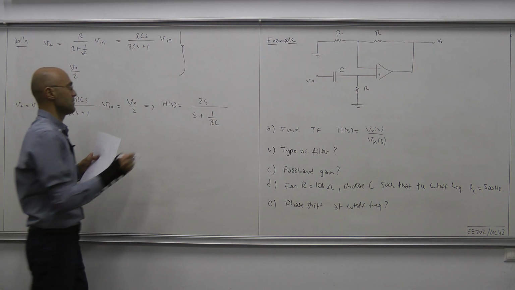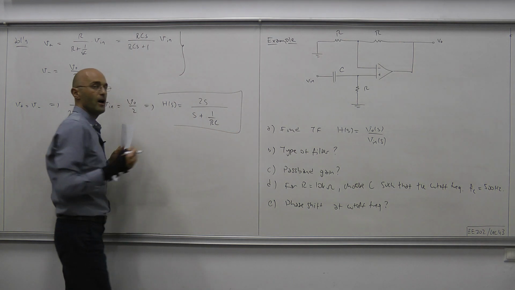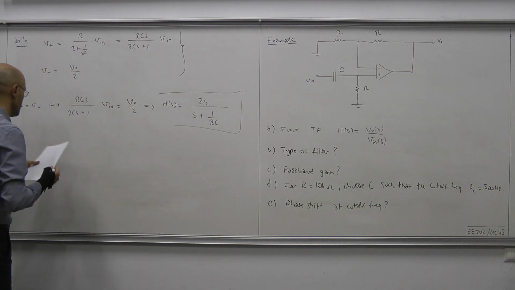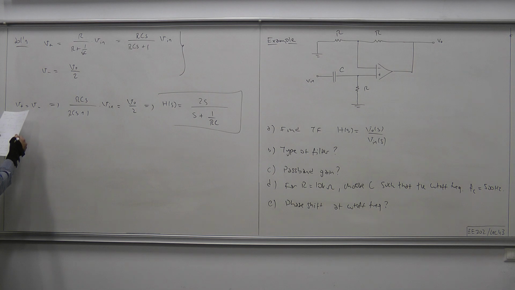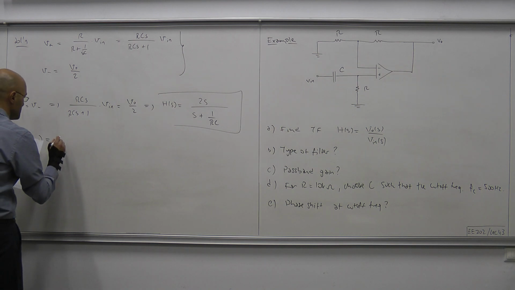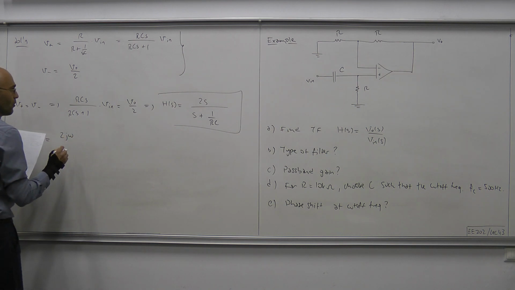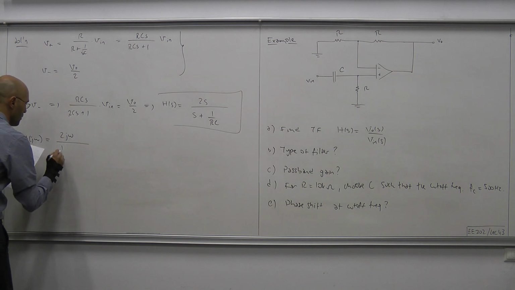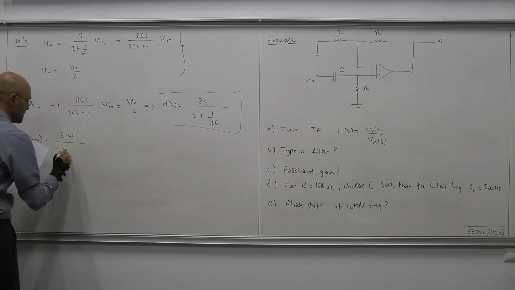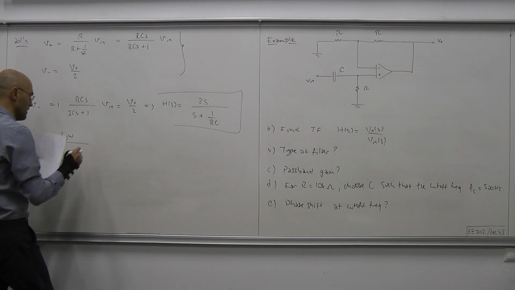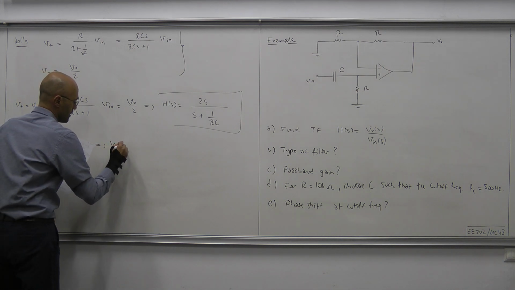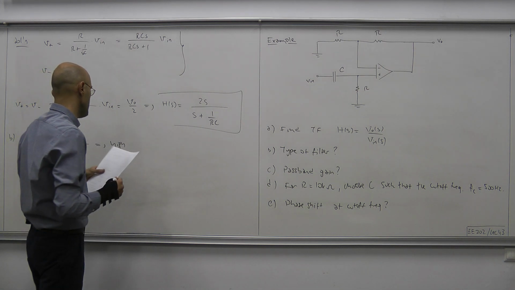Okay, so what we have is a high pass filter. So H of J omega is 2J omega over 1 over RC plus J omega. In other words, the filter is a first order high pass filter.